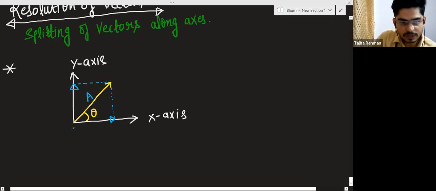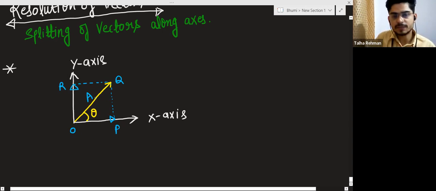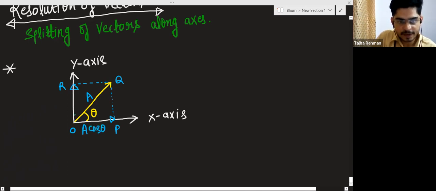So suppose this is O, this is P, this is Q, and this is R. If you are splitting the vector on this axis, then OP, the component along this axis, will become A cos theta, and along this axis it will become A sin theta.